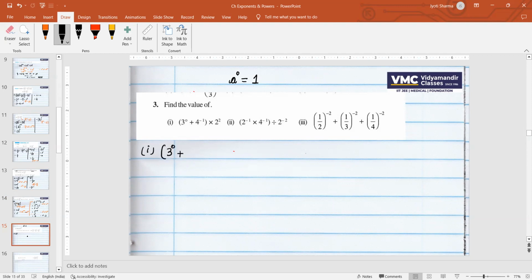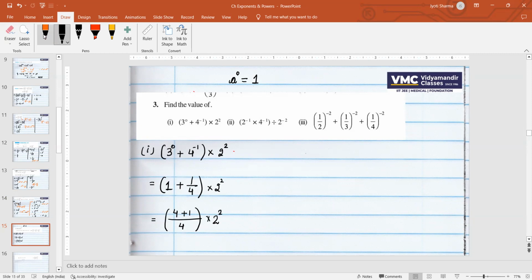3 raised to the power 0, 4 raised to the power minus 1 into 2 square. So here I will take LCM. This will be 4 plus 1 and it will become 2 square.